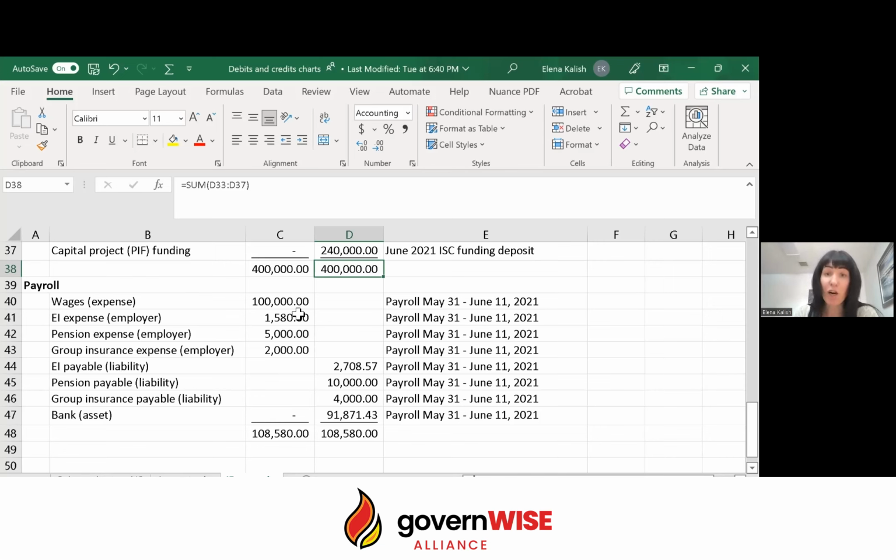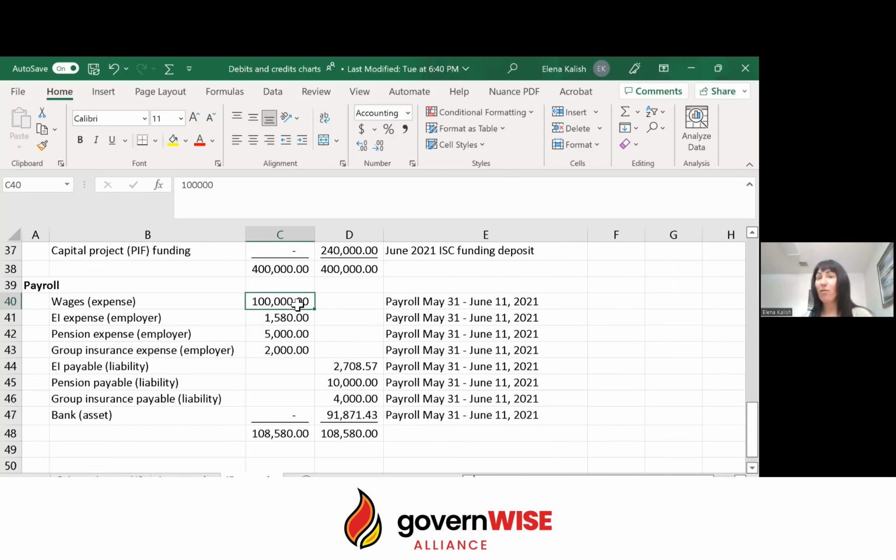So you'll see here, all wage expenses, we're increasing expenses. Expenses are naturally in debit. So I have all different wage expense accounts in my system. I'm tracking everything separately in this example. So I have wages, I have EI expense, I have pension and group insurance expense, all separate accounts, right? So I'm debiting all these expenses in separate lines because I'm increasing expenses. And now the other side, because I'm so confident wage expense increases the debit, the other side is automatically a credit.